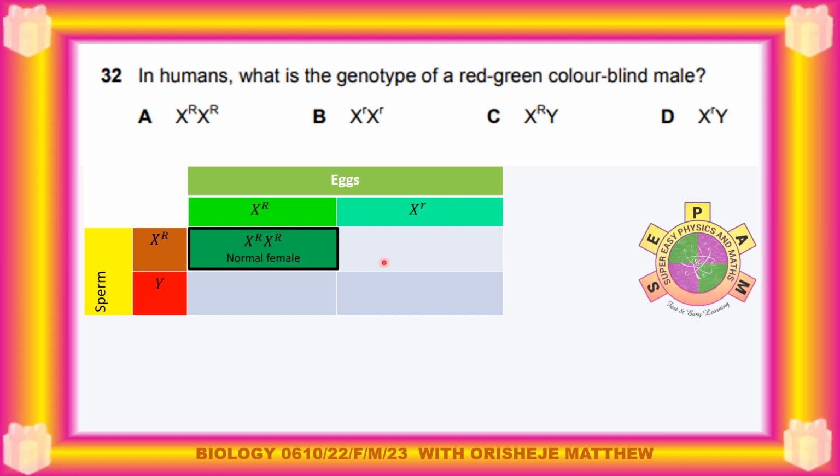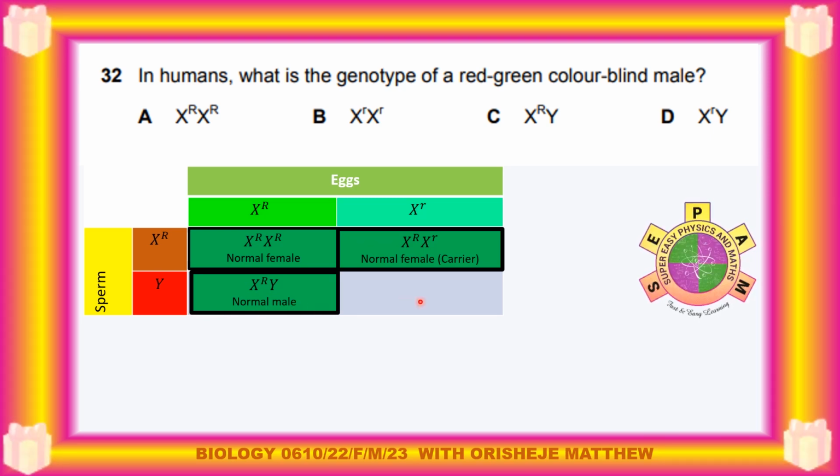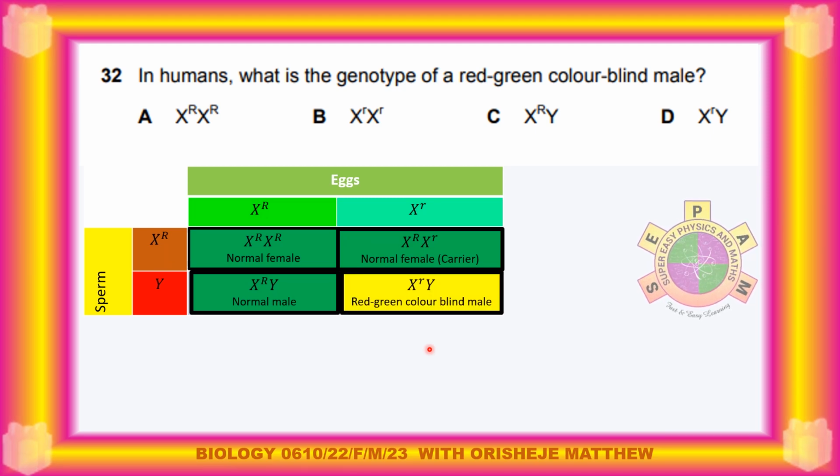Then the combination of this will be a normal female but a carrier of color blindness. Then we have a normal male, who is not color blind. Then the combination of Y with the carrier allele for color blindness. So this is a red-green color-blind male. So the answer is D.